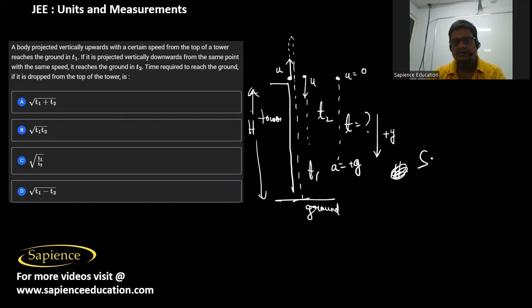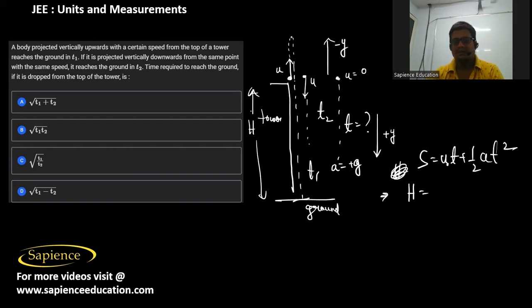We can use s equals ut plus half at square, with proper sign. The displacement is downwards, which is h, and u is vertically upwards. Since we took downwards as the positive direction of the y-axis, vertically upwards will be the negative direction.